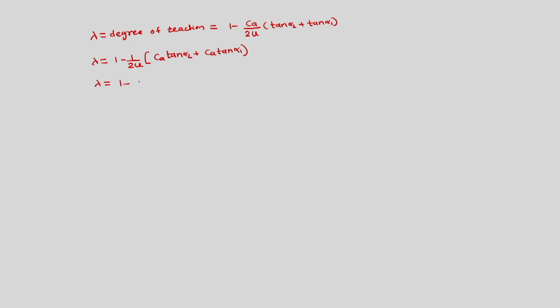From the velocity triangle we can write the terms in the bracket as Cw1 plus Cw2. Let us multiply and divide by R such that we have twice uR, and then Cw1 into R plus Cw2 into R. But Cw into R is constant, so we have 1 minus constant divided by twice u into R. So this is u, the velocity at some radius R.